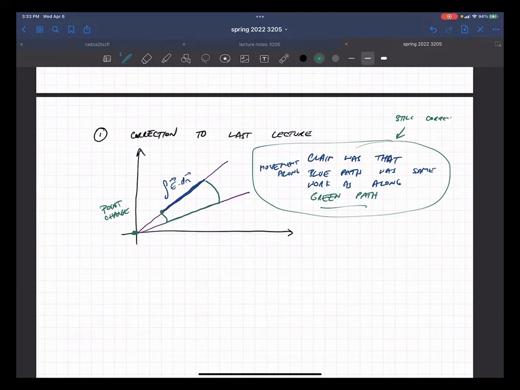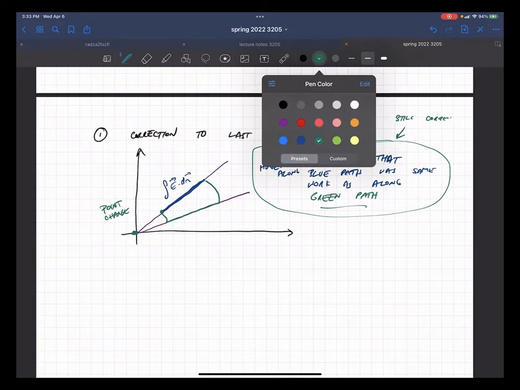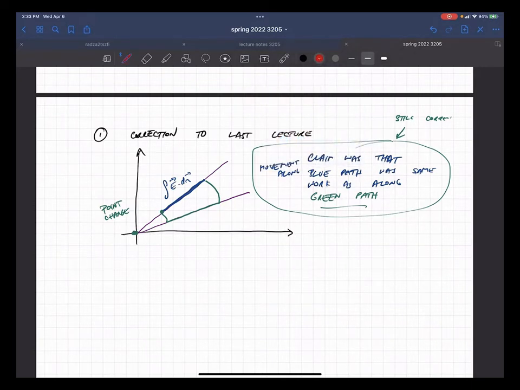But where I went wrong in my claim was that I further claimed that if you had any meandering path, you could just break this down into a bunch of radial and angular components.